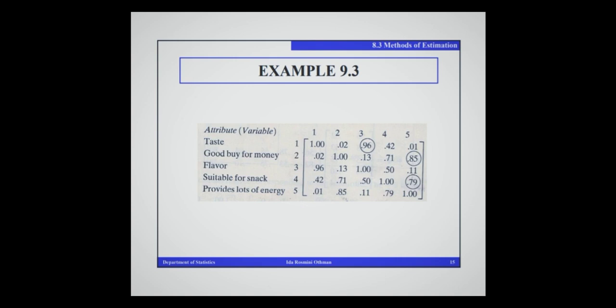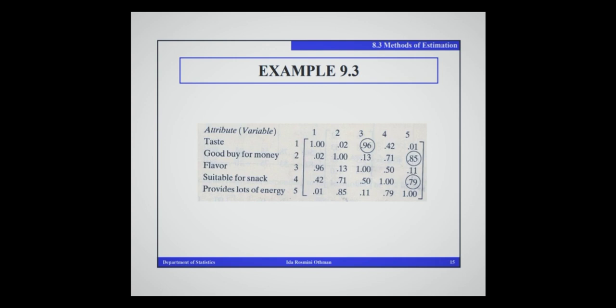And then kat sini pula 0.85 adalah correlation between second variable dan fifth variable. Tadi first and third, this one yang tinggi juga adalah 2 and 5. So maksudnya variable yang kedua dan variable yang kelima boleh disatukan dalam satu group lain. Okay, so tadi kita dah ada 1 dan 3, 2 dan 5. So another variable yang terkontang-kanting adalah variable keempat, kan, variable keempat. So next yang tinggi adalah 0.79.